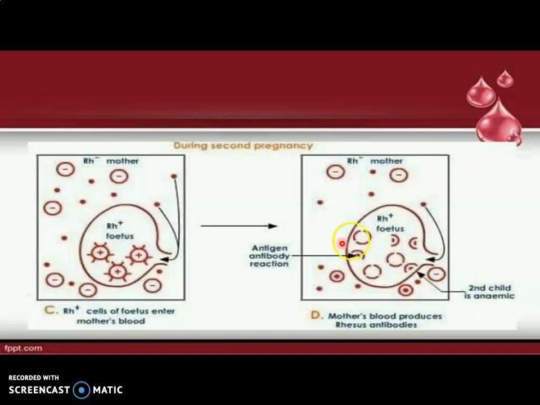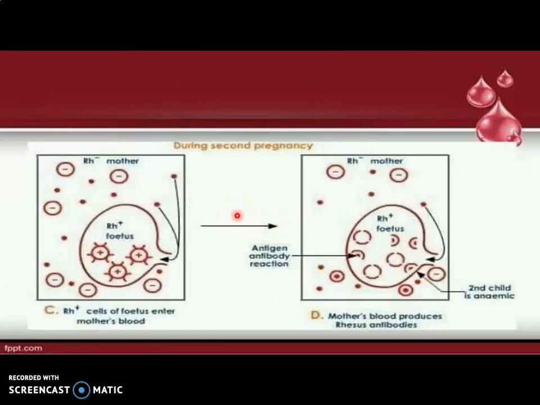The child will start to transport blood out of this womb into the mother's body, and this blood that the child gives will produce its own antibodies. These antibodies will fight against that of the mother.